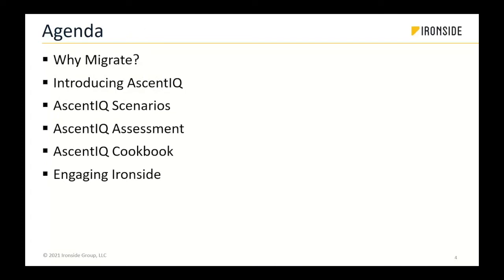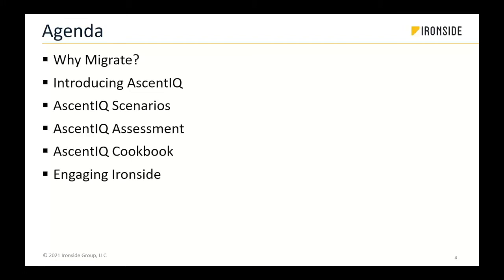All right, in terms of an agenda, first we're going to talk about why organizations would migrate from the existing BI tool they have to another tool. After that, we'll introduce AscentIQ. We will talk about some typical AscentIQ scenarios, and spoiler, they don't all pertain to migration, but that is certainly the primary use case.